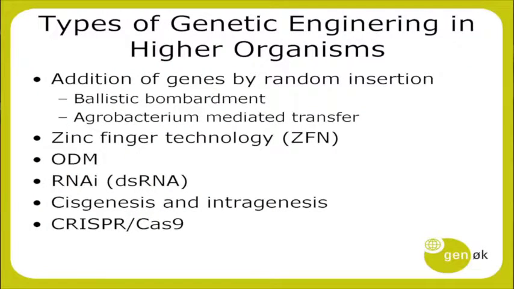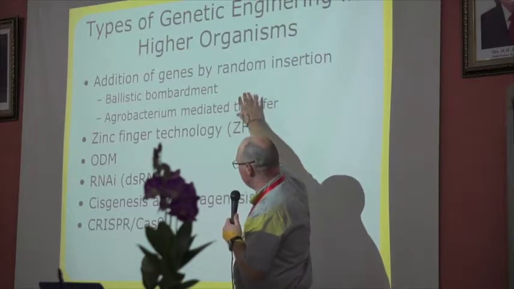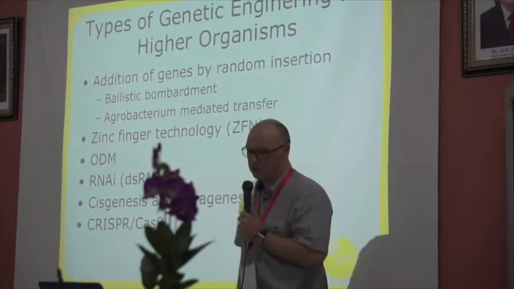Because you made the construct and you need to get it into the plant, you can use either one of these two methods. Previously, now there are a little bit more. All of these are actually ways of making genetic engineering. This is the GMO way, very firmly a GMO if you use these techniques, not so certain if you use these other techniques.